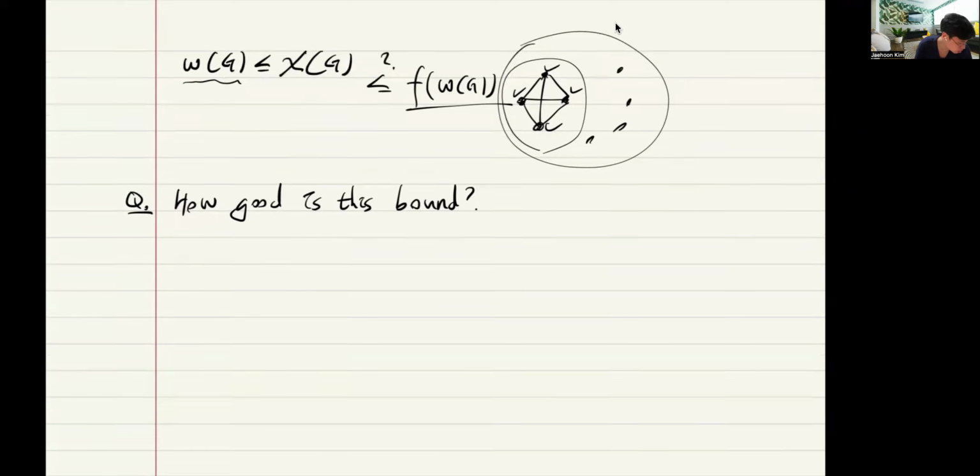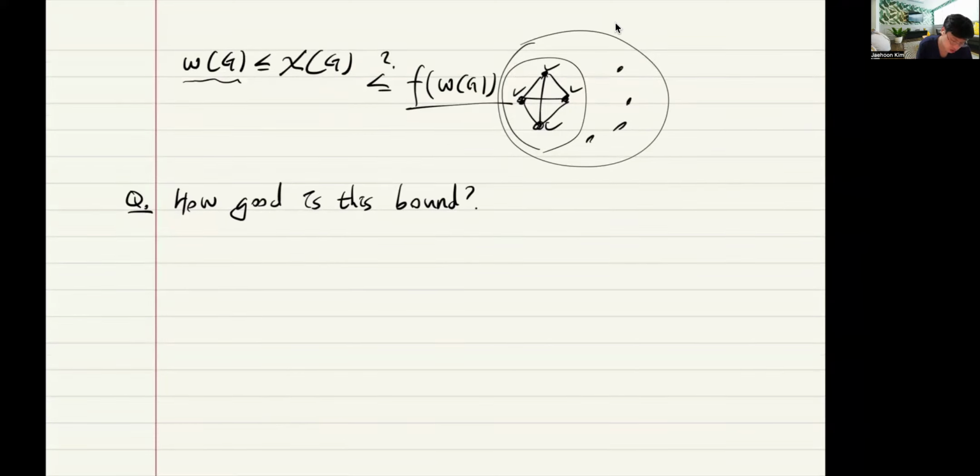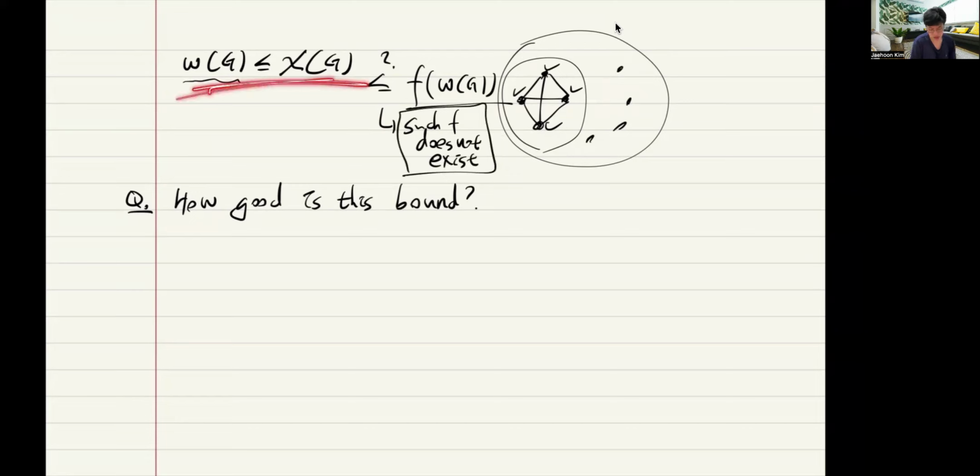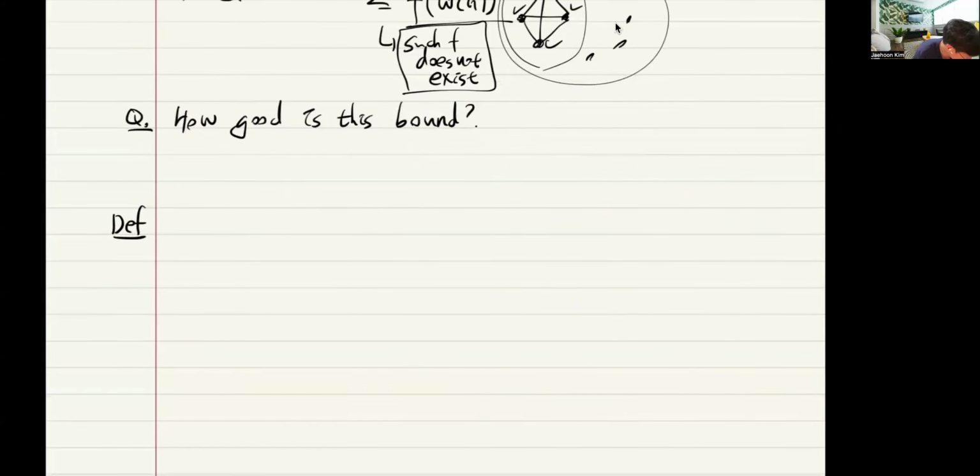But it turns out that it's not bounded by any function. Such f does not exist. So, in some sense, this is not a good bound, since the difference between these two could be arbitrarily high. So let's prove this.